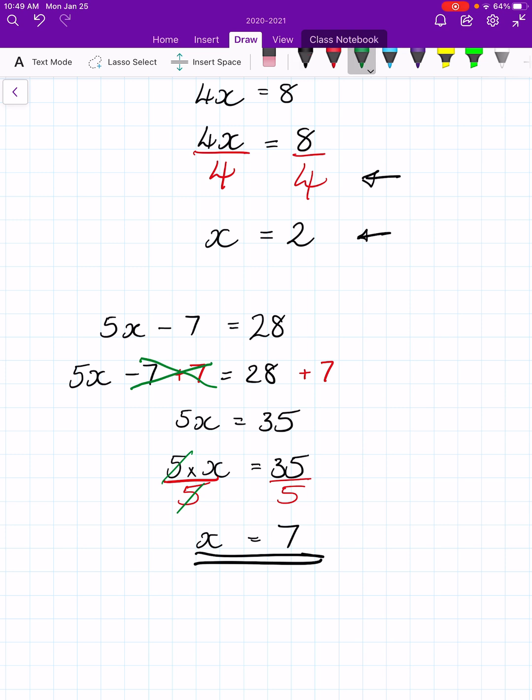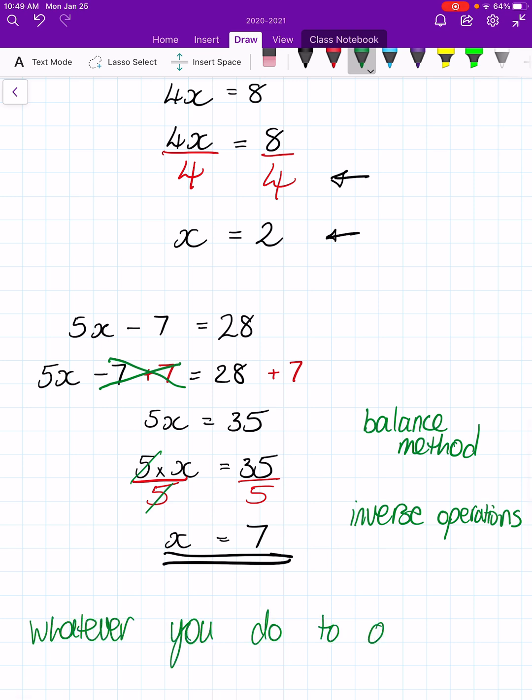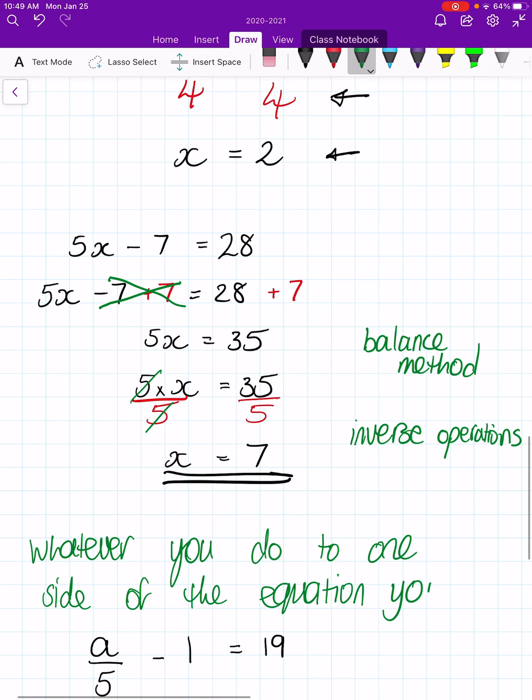So you do need to know how to start to understand and use what we call the balance method, where we use inverse operations, and the golden rule is: whatever you do to one side of the equation, you do to the other.